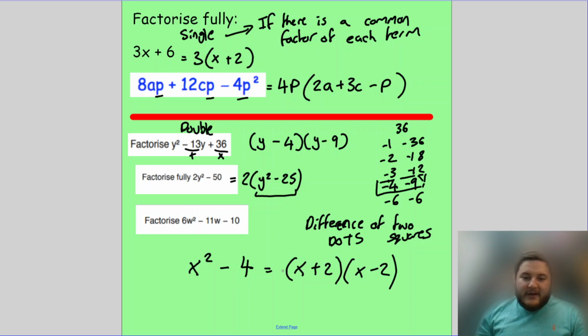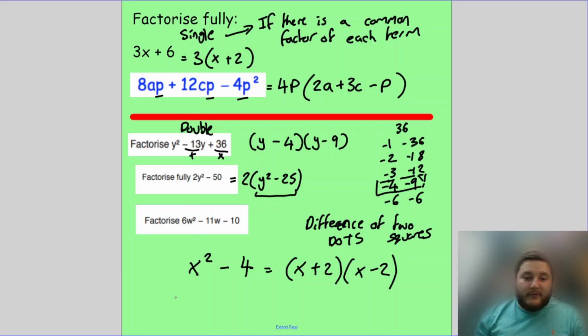So the first term square rooted goes into both brackets, and then the second term square rooted, but one is a plus and one is a minus. That's the basic general form of the difference of two squares.